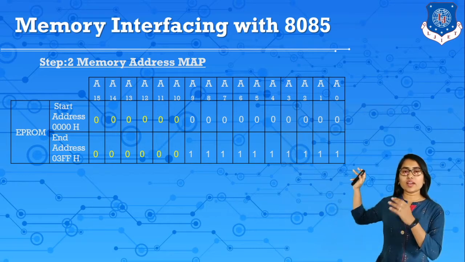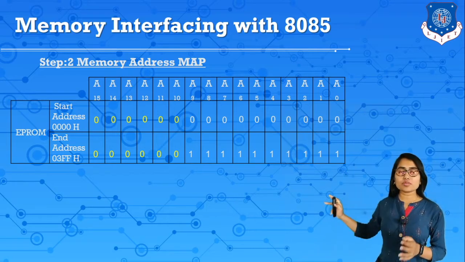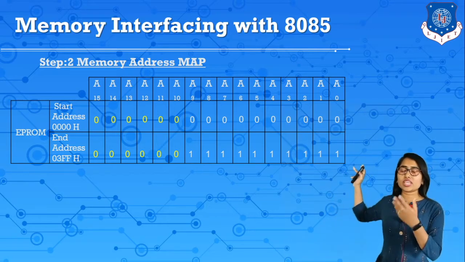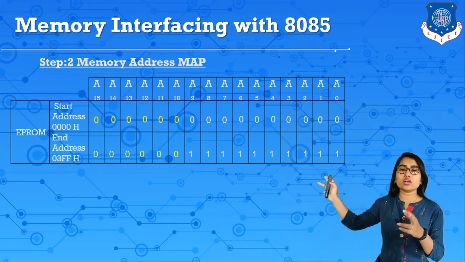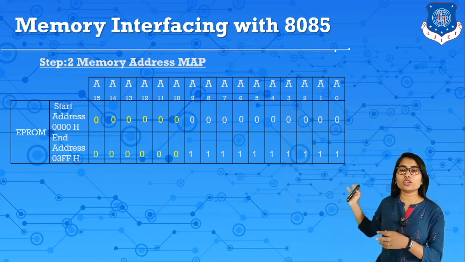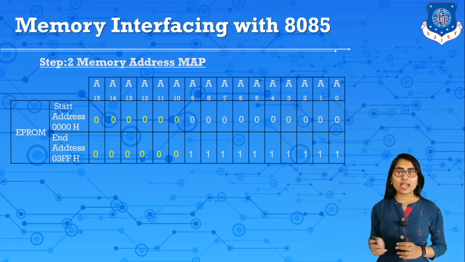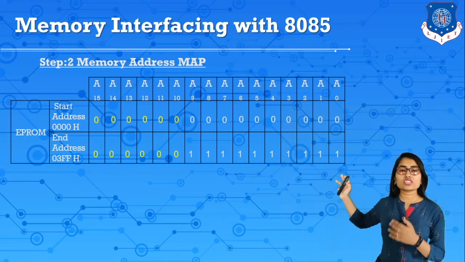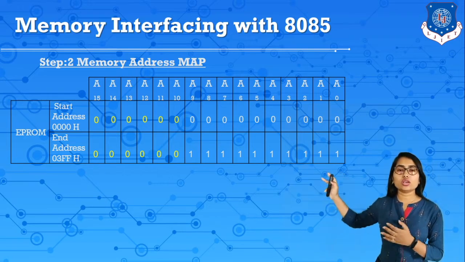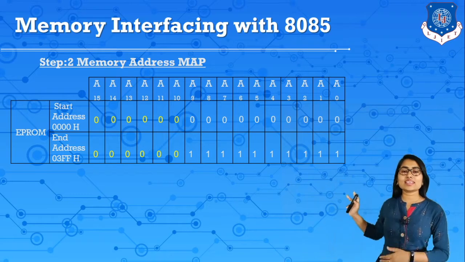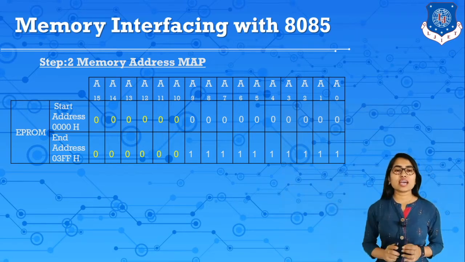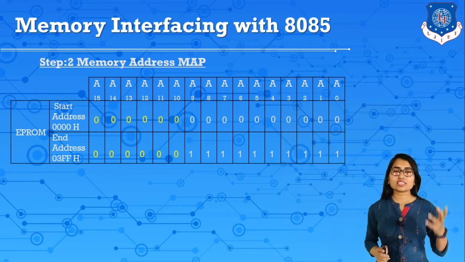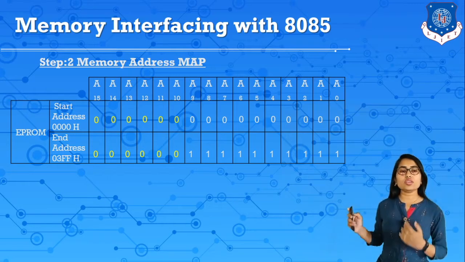If we convert this to hexadecimal by grouping 4 bits, the starting address of this EEPROM is 000 and the ending address is 03FF. This is how we define the starting and ending address of an EEPROM.